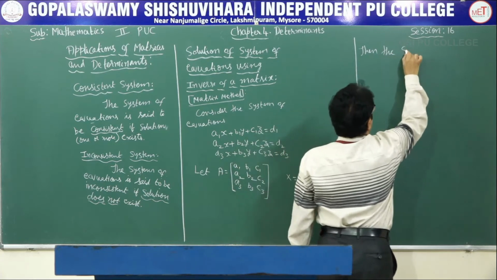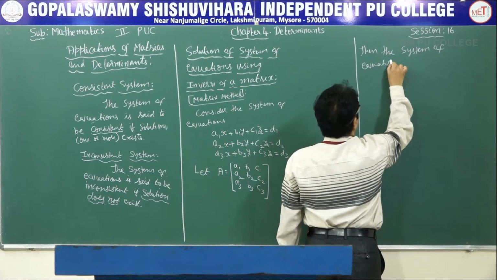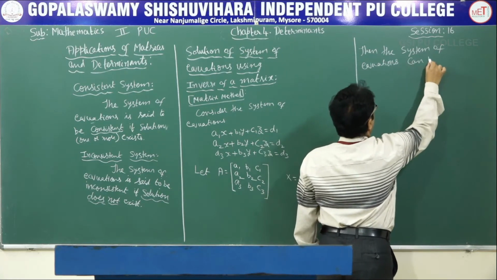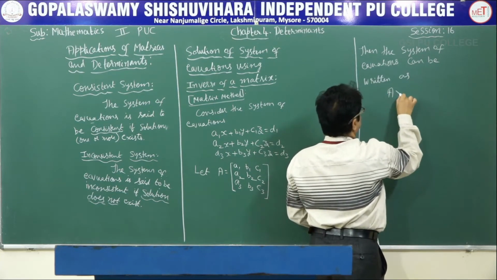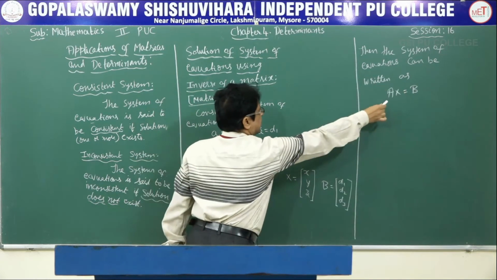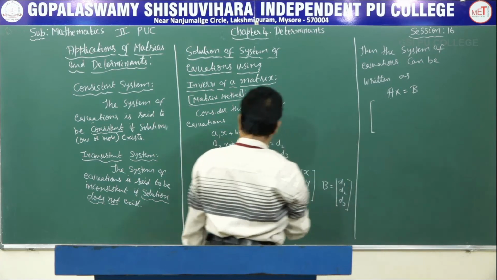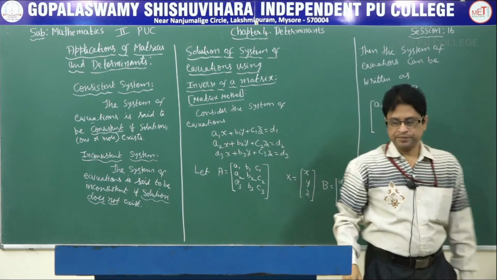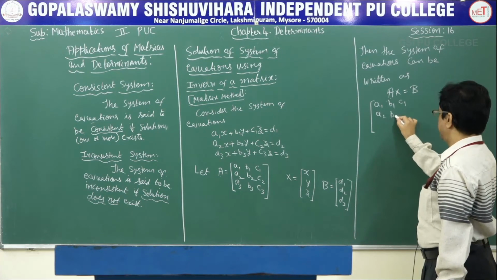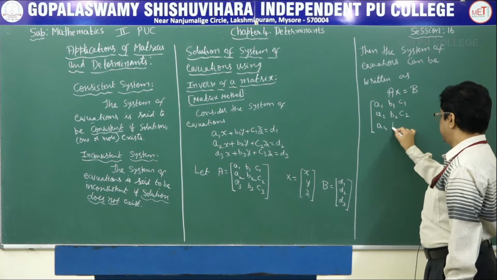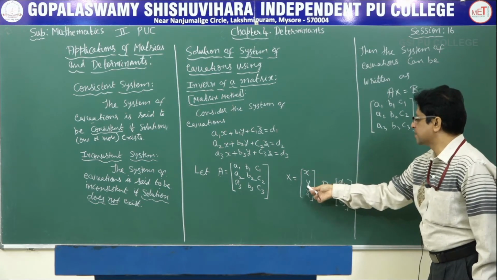Then the system of equations can be written as AX is equal to B. So here A is nothing but the matrix a1, b1, c1, a2, b2, c2, a3, b3, c3, into X. X is the matrix x, y, z.